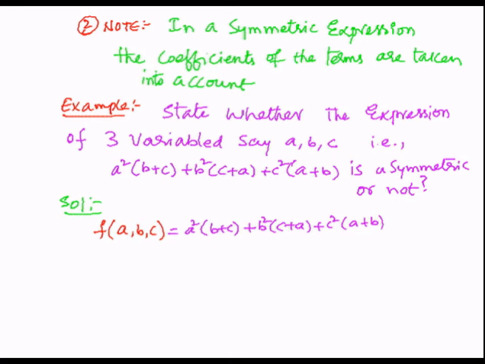So, in order to check whether it is a symmetric one or not, we have to interchange the two variables, that is a b first of all, then b c, then c a. So, here I am going to interchange a b as b a.